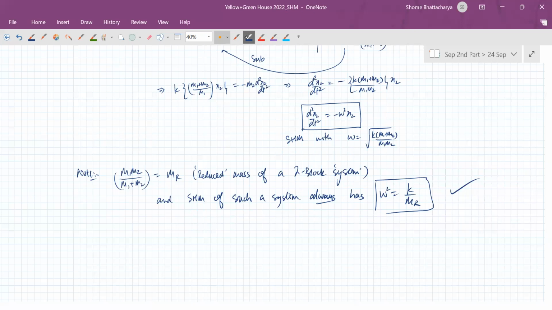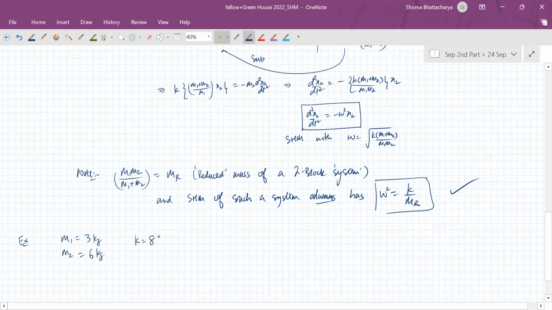So we'll do a quick numerical example of this. In this example, M1 we are taking as, suppose, 3 kilograms, M2 as 6 kilograms, and the spring constant as 8 newtons per centimeter.